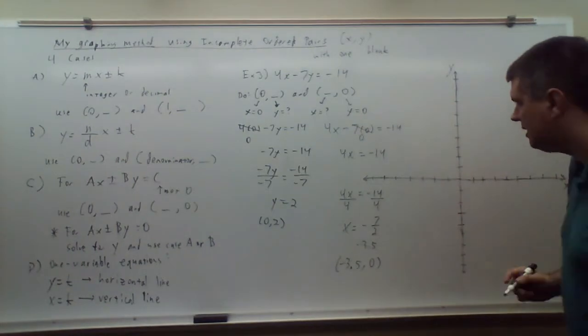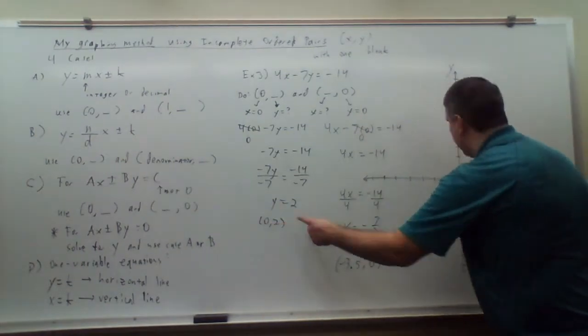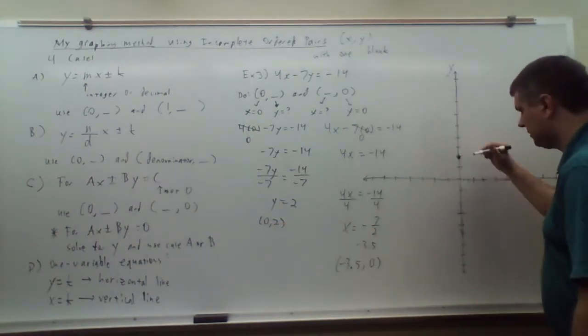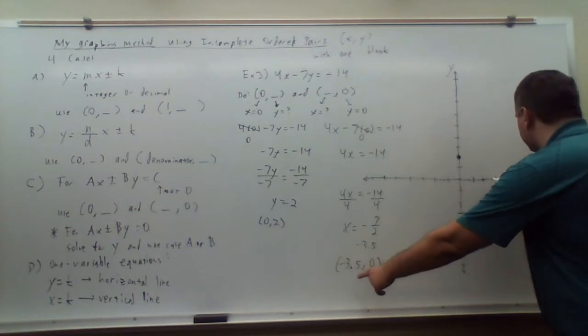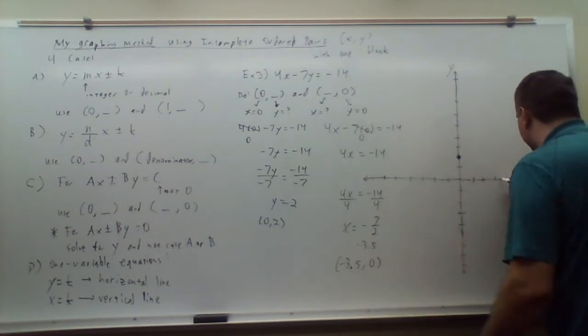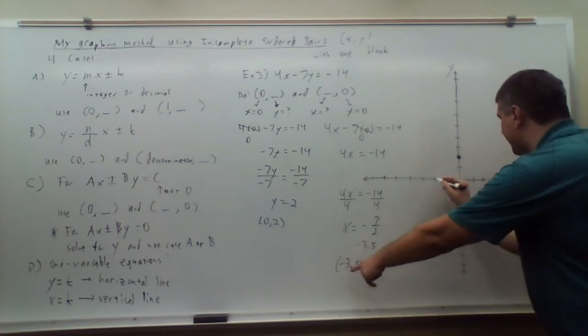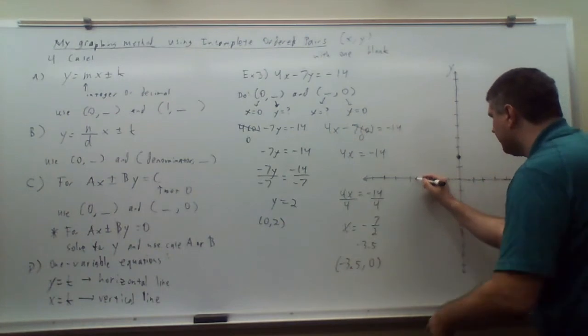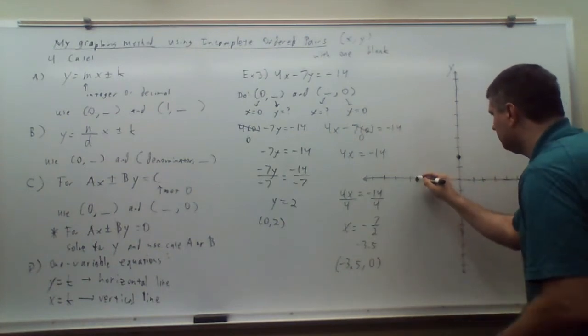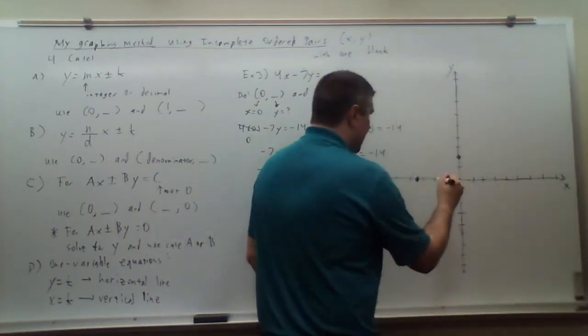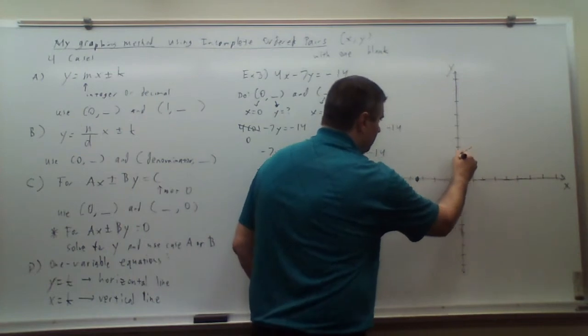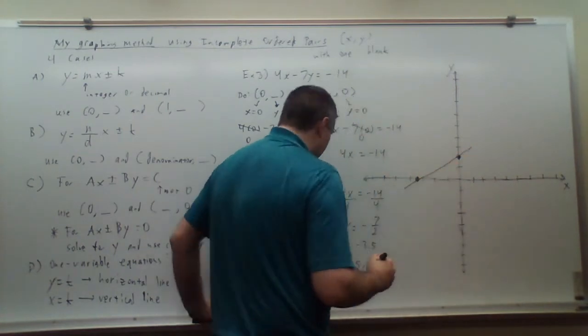So 0, 2: left, right, nothing; up, down, 2. And then 3.5 left, x equals negative 3.5, and then 0. And then put the line through. Oops, it's a little off.